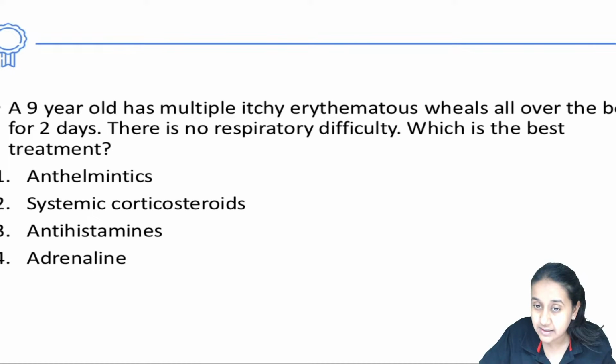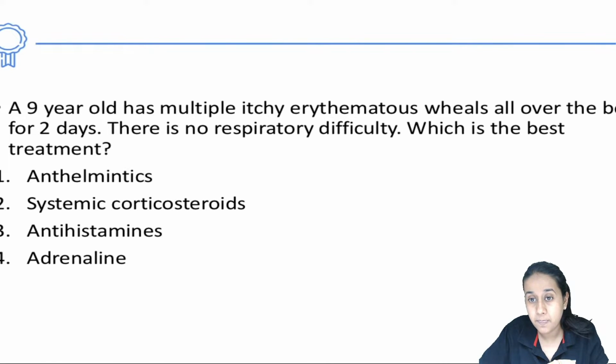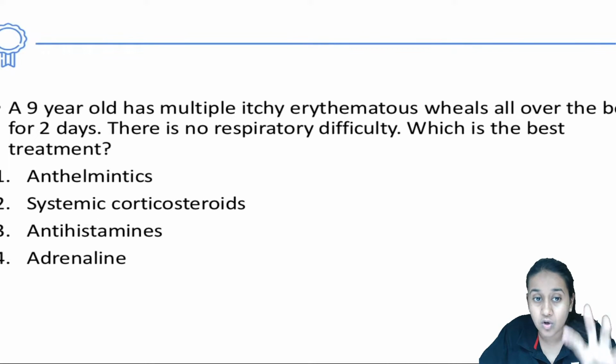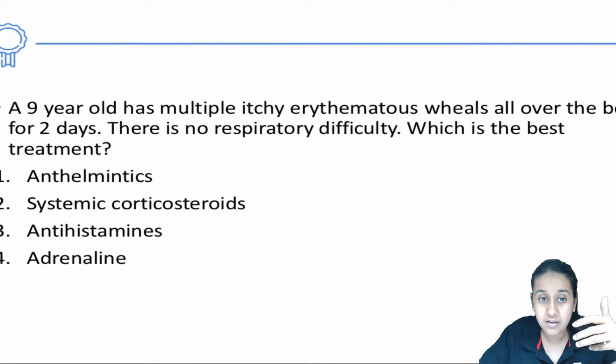How to treat urticaria? Whether you have a mild or a severe variety of urticaria, you always treat urticaria with antihistaminics. Why are we not giving corticosteroids in a severe form of urticaria? Please remember, corticosteroids are only indicated whenever you have respiratory difficulty, for example in angioedema, swelling of tongue, swelling of larynx, which is creating difficulty for the patient to breathe.